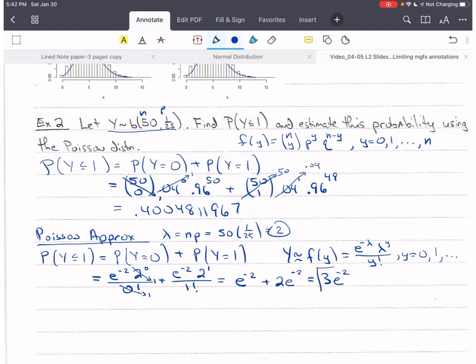Now, this is the exact answer, and that would be fine, but we want to compare this to the previous example.